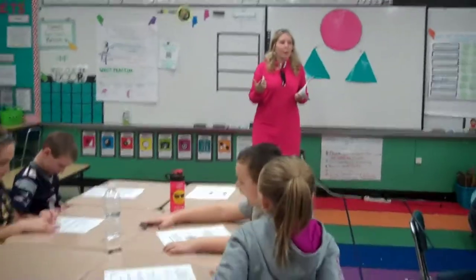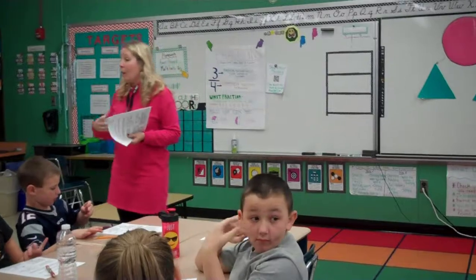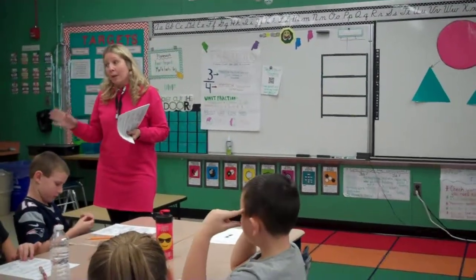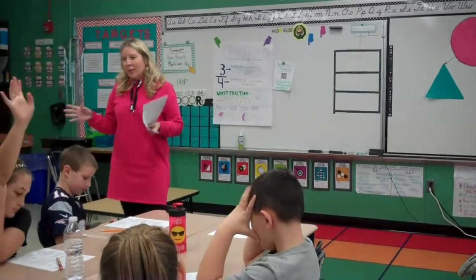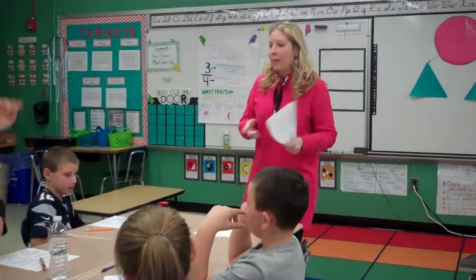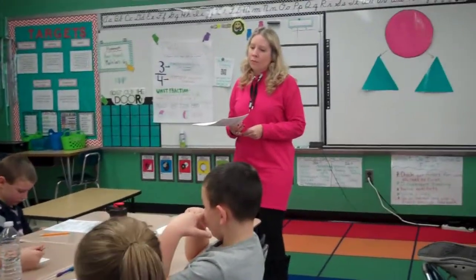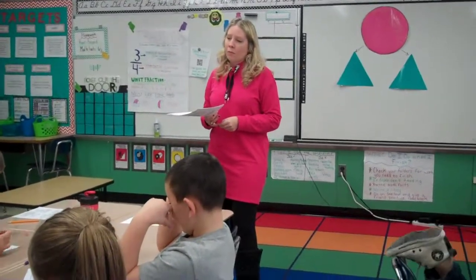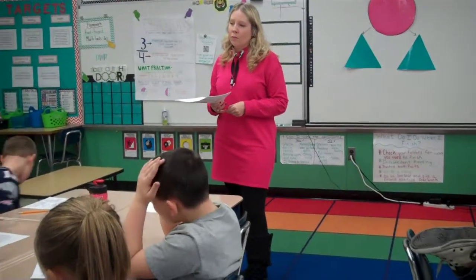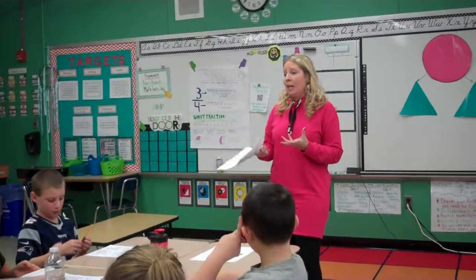I need some thoughts on how you came up with what the main idea of these articles may be. Now sometimes it's not as easy as this. Sometimes you really have to read through, and when we read through, we'll double check and make sure we're right. But just looking at it, what do you think? Lauren? I think it's about snowflakes because of the titles, and all of them have snowflakes in it. So you saw that word repeated again and again.